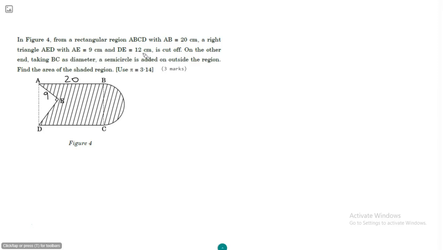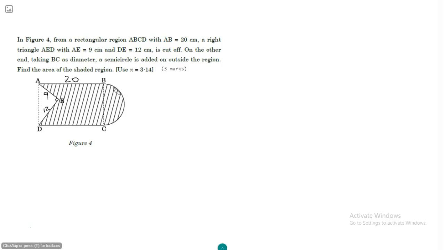And DE is 12, right? So you have this AED is 90 degrees, right? It's marked in the figure. So that's cut off. On the other end, taking BC as diameter, a semicircle is added on outside the region. Find the area of the shaded region.